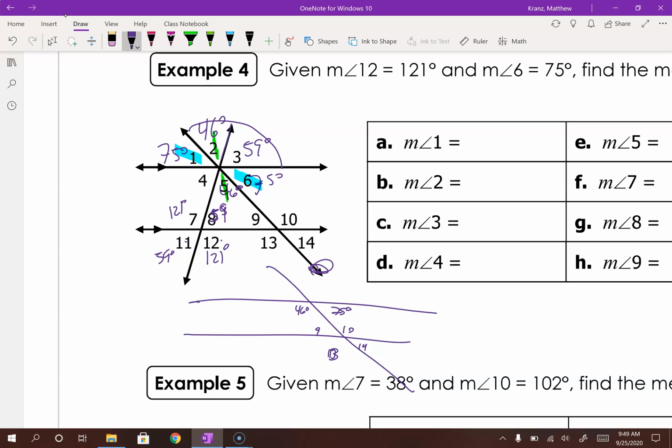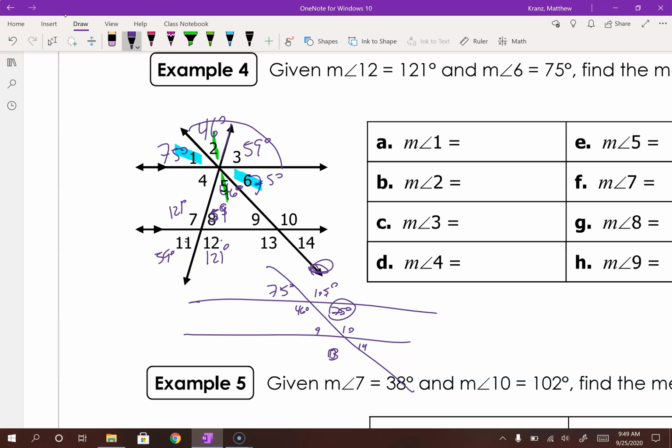All right? So that's our 121. No, is that 121? That is 105, right? Because if this is 75, this has to be 105 because it equals 180. And then this one here is going to be 75.